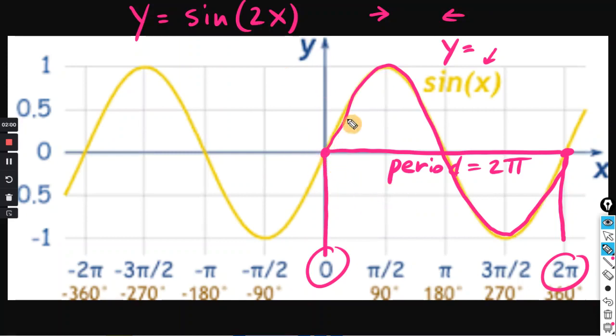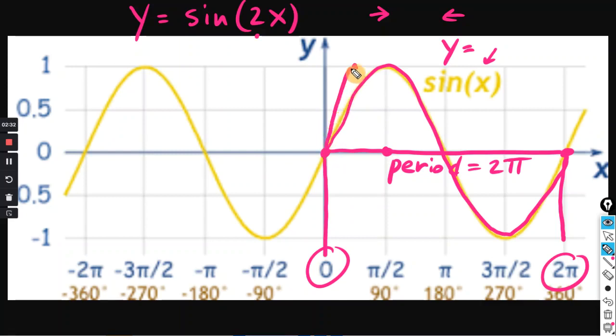So instead of taking a distance of 2 pi to go through the whole period, it speeds up by a factor of 2. This max, instead of pi over 2, will be right here. And this midline, instead of being at pi, is going to be at pi over 2. So the graph cycles more quickly.